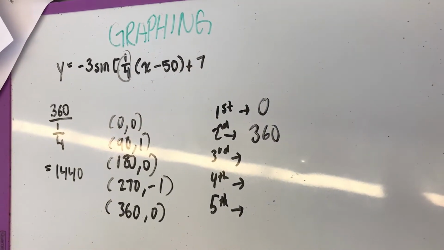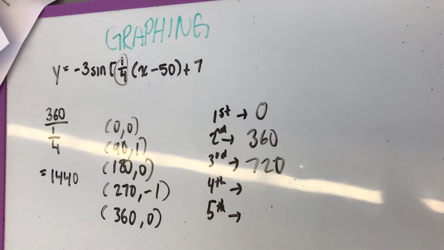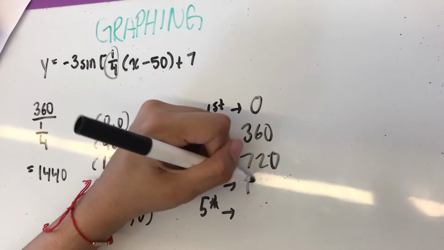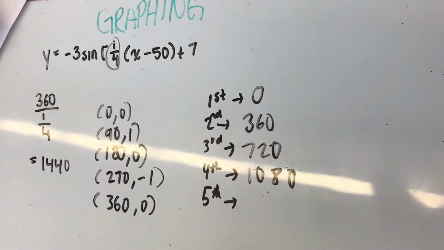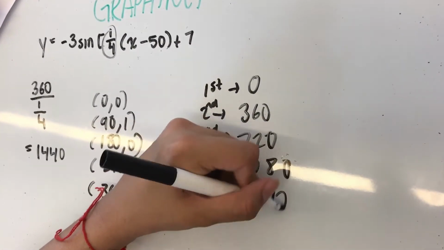Our third key point will be 360 plus 360, which is 720. Our fourth one will be 360 times 3, which is 1,080. And then our fifth key point will be 360 times 4, which is 1,440.